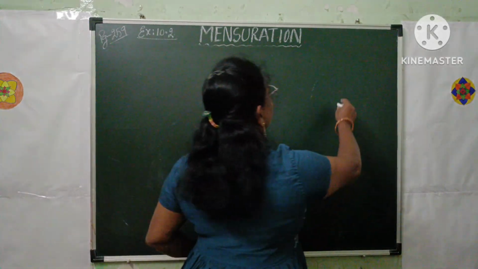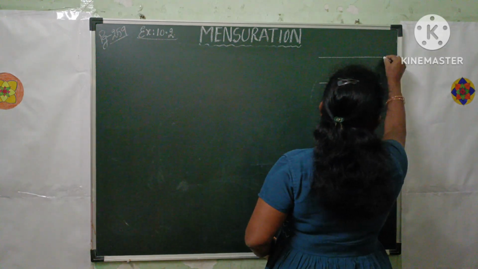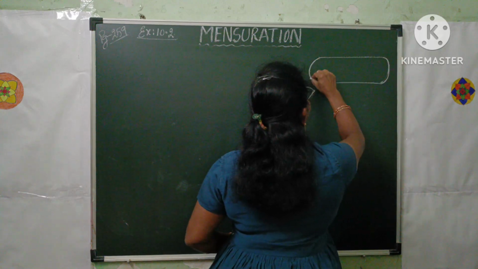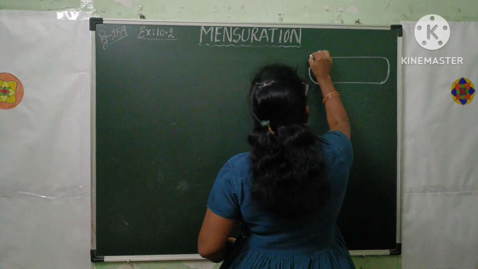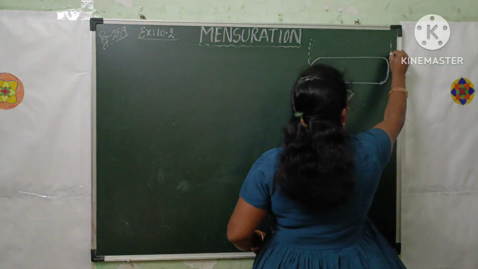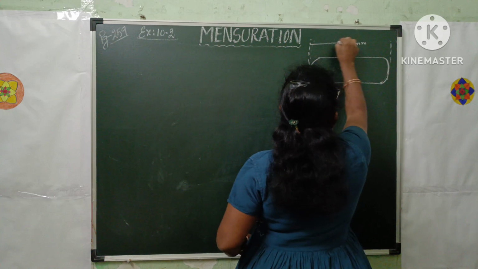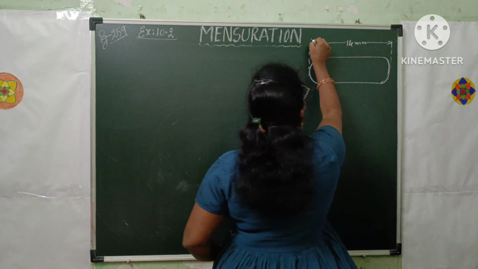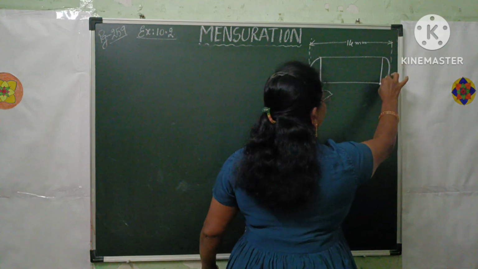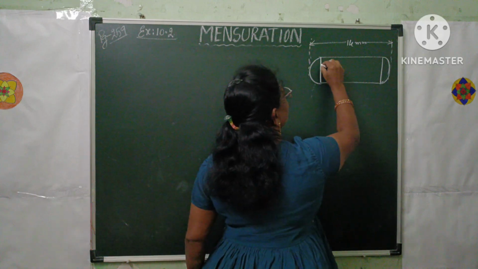First, what is the capsule? Cylindrical shape. Okay, this is the cylindrical shape, and here the length of the capsule is 14 millimeters. Right. Next, this is the width. Width of the capsule is 5, which means it is a diameter.